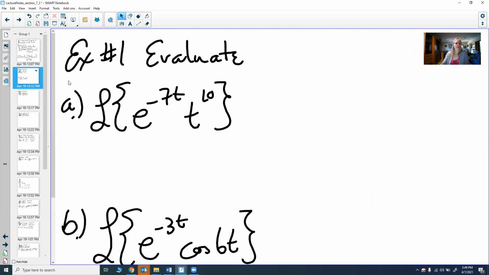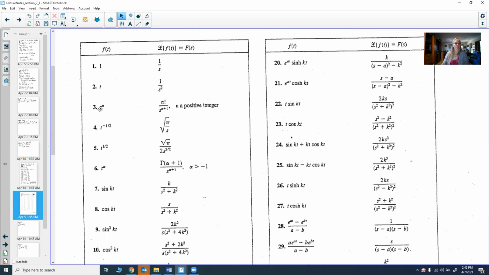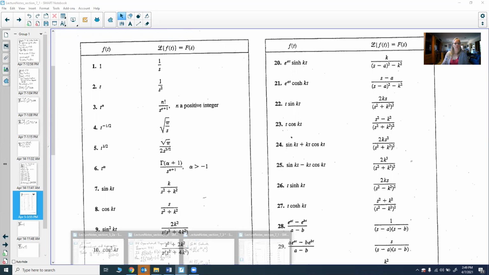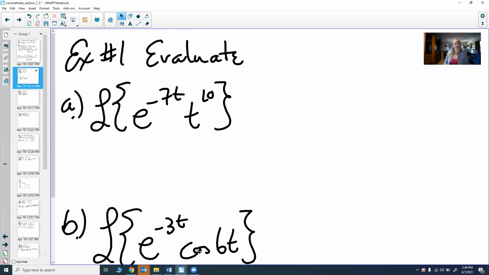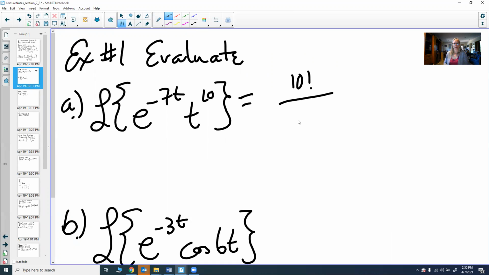Let's find the Laplace transform of e to the negative 7t times t to the 10th. If we go look at our Laplace transforms, we see we have t to the n, and that translates as n factorial over s to the n plus 1. So that being the case, this is going to equal 10 factorial over s to the 10 plus 1, or 11.